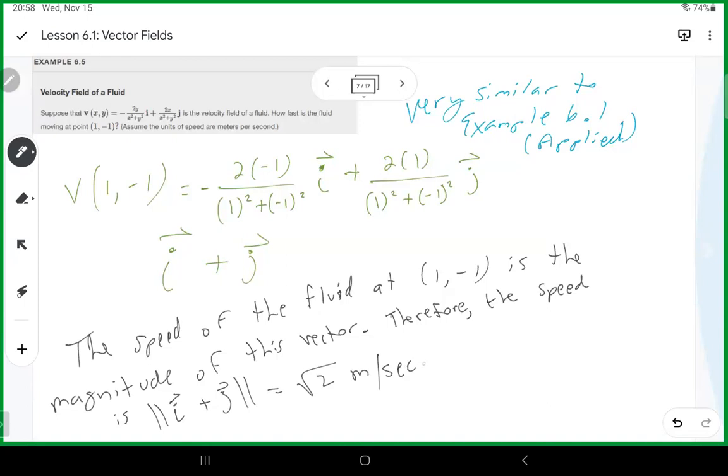So that's the overall answer: the square root of 2 meters per second. But I guess it's better to write it as a sentence.